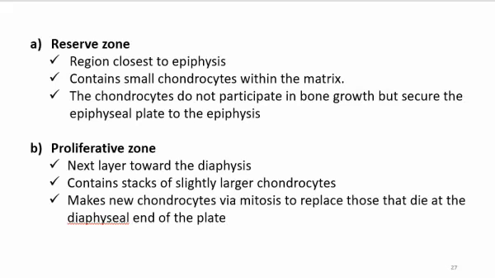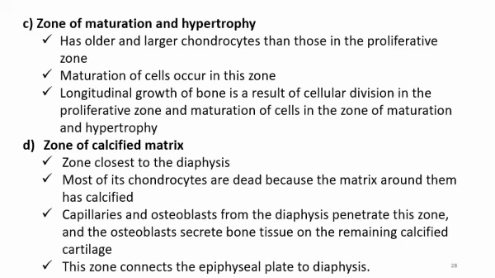Next we have the zone of maturation and hypertrophy. Here we have older and larger chondrocytes compared to the proliferative zone. In this region, chondrocytes undergo maturation.